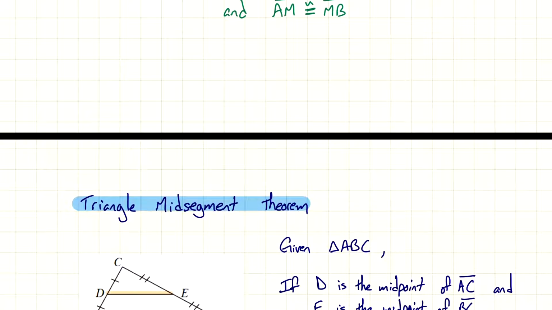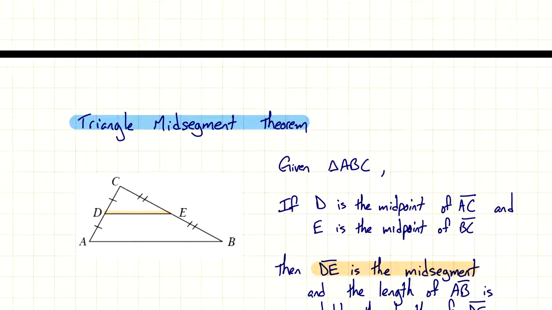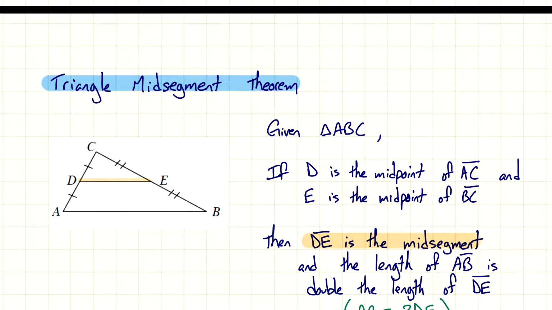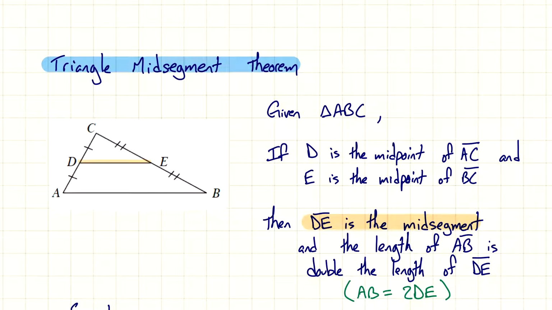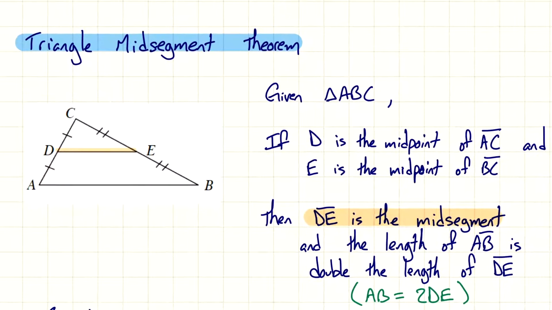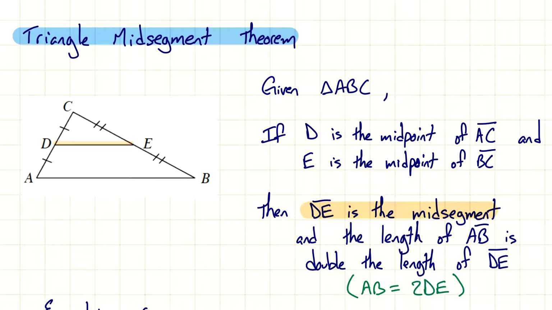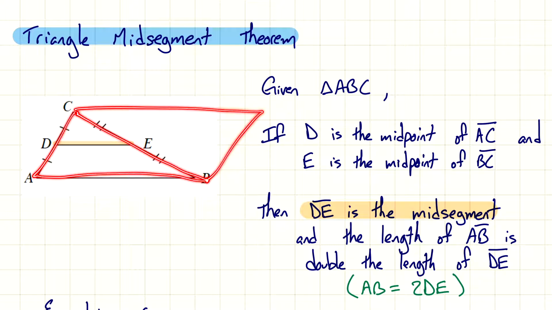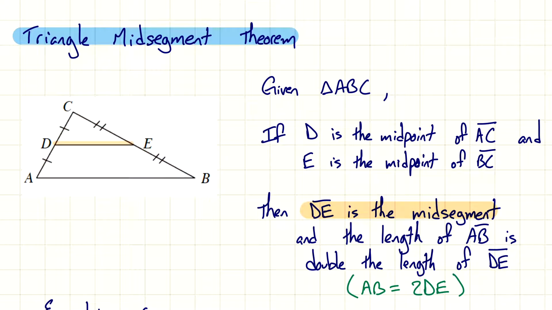The second is a theorem called the triangle midsegment theorem. And I'll stop it there. All right, so we have this triangle, and just to flash back to when we first started these notes, we had a triangle, and then we reflected it, and we had a parallelogram, right, to make connections back to the quadrilateral.